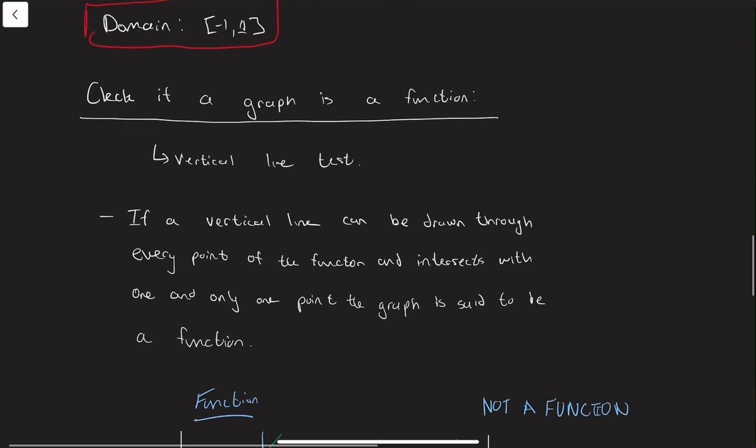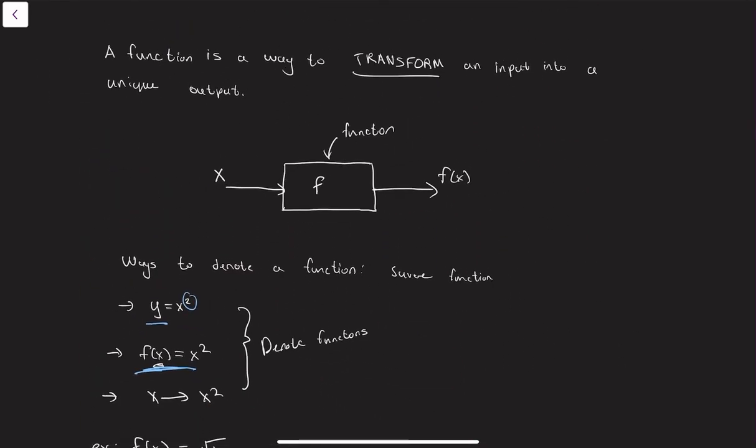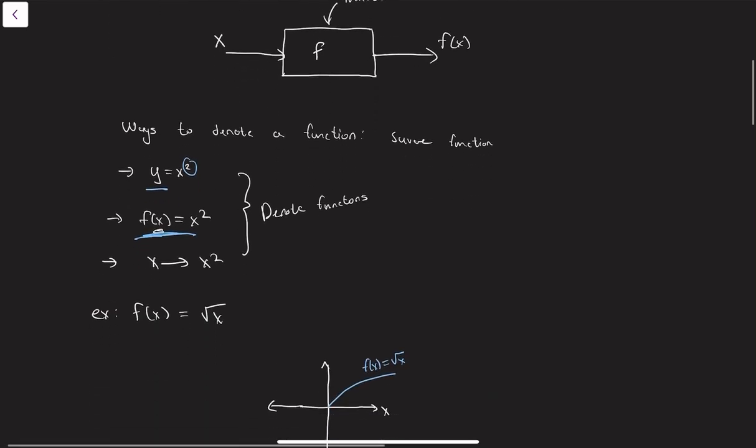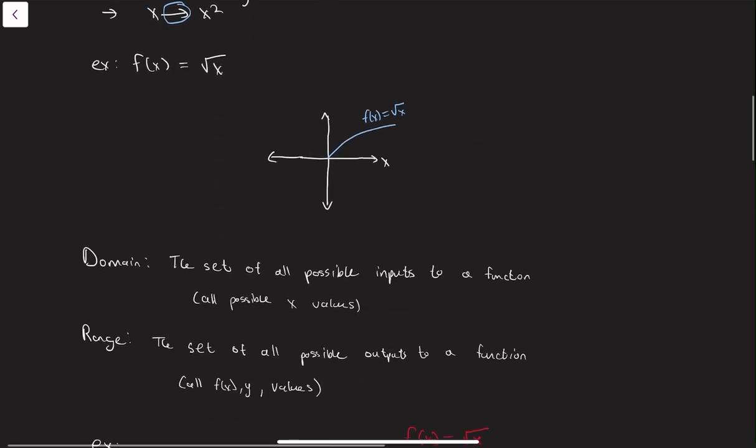So to wrap up what we talked about today, we defined what a function was. A function is just some sort of transformation that takes an input and maps it to a unique output. We can denote it as we've seen before, with y being a dependent variable, which depends on x, the independent variable. The f operator, f of x is equal to x squared, or just this mapping arrow.